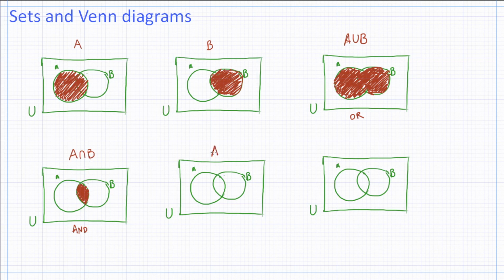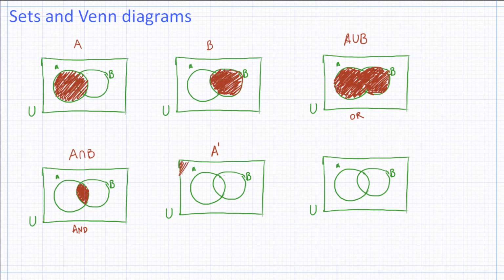Now what about our complementary sets? This means not A. So A, as we have seen in the first diagram, is shaded. Not A, you basically revert this. You make the reverse.